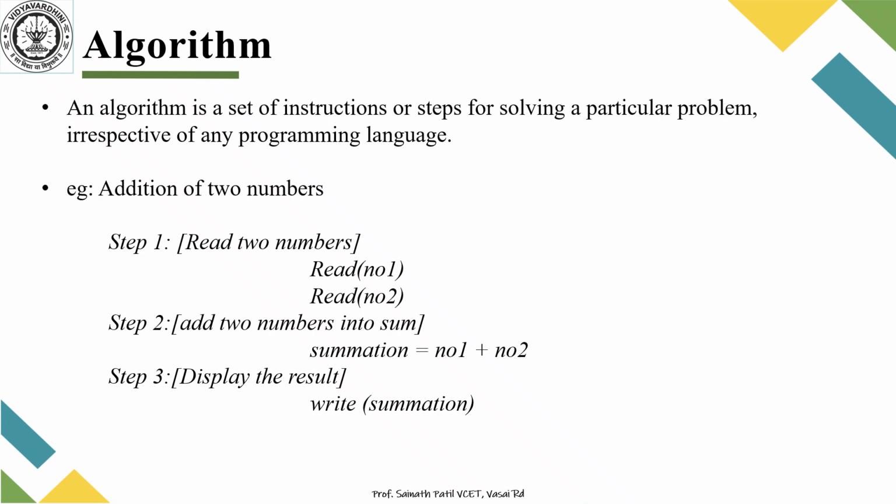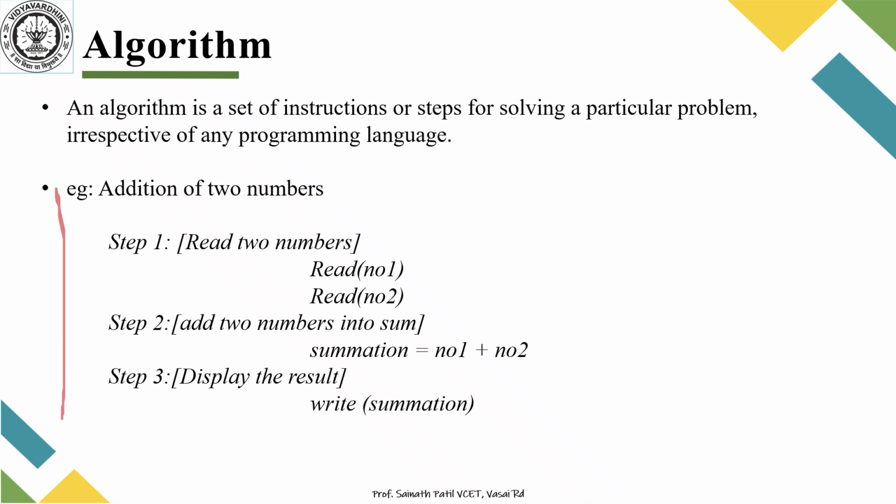Now let's learn one more term, that is algorithm. An algorithm is a set of instructions or steps written for solving a particular problem, irrespective of any programming language. Algorithms are written in plain English by the programmer or developer. For example, for addition of two numbers, we have written the algorithm like this.